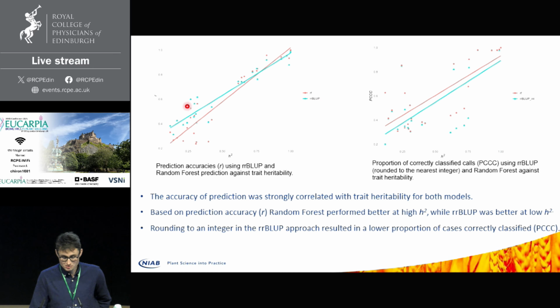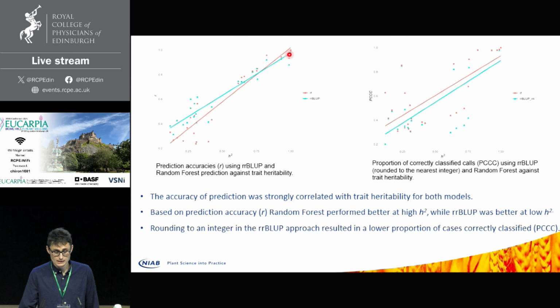So these are some of the results, and here I'm showing prediction accuracy, so the correlation between test observed and predicted values for each trait via the random forest approach, which is just with default settings at the moment, and the RR-BLUP approach. And prediction accuracy is correlated against trait heritability. You can see that the traits really do fall into these two categories of high heritability and low heritability.